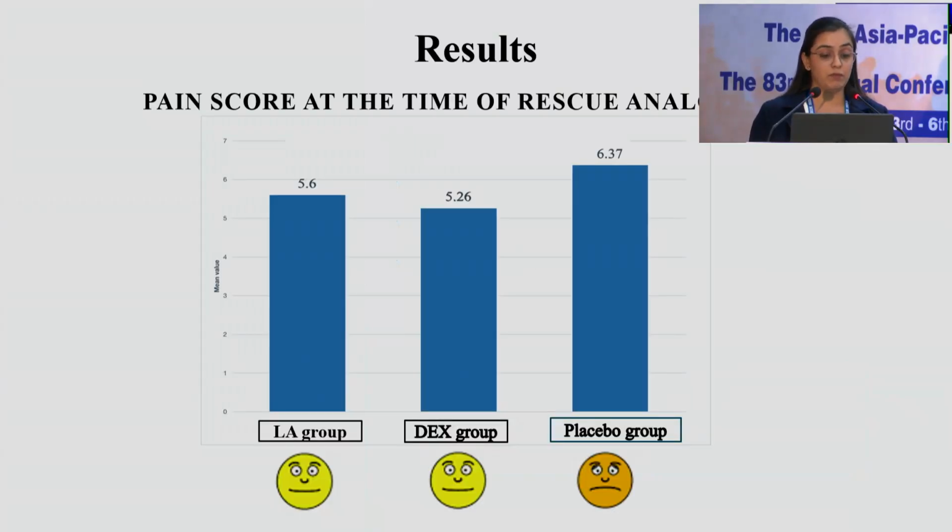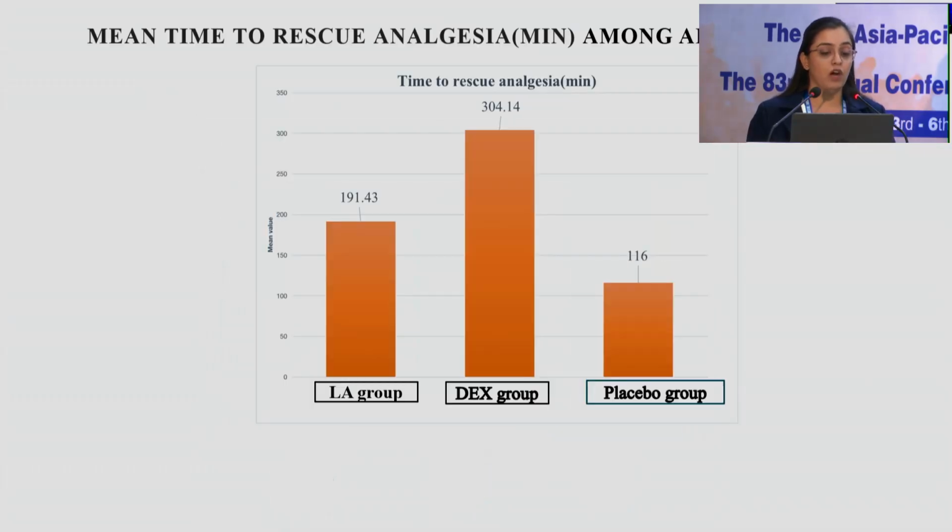The patients in the placebo group experienced the maximum pain score at the time of rescue analgesia, whereas in the local anesthesia group and dexmedetomidine group, patients experienced about the same pain score. However, the time to rescue analgesia for the dexmedetomidine group was 304 minutes, the maximum as compared to the local anesthesia and placebo groups.